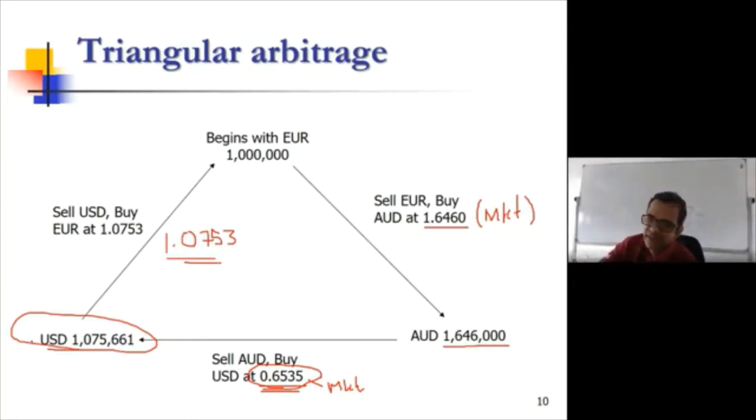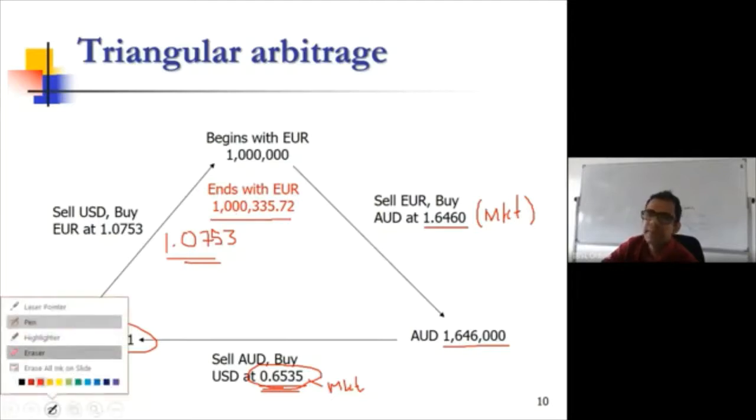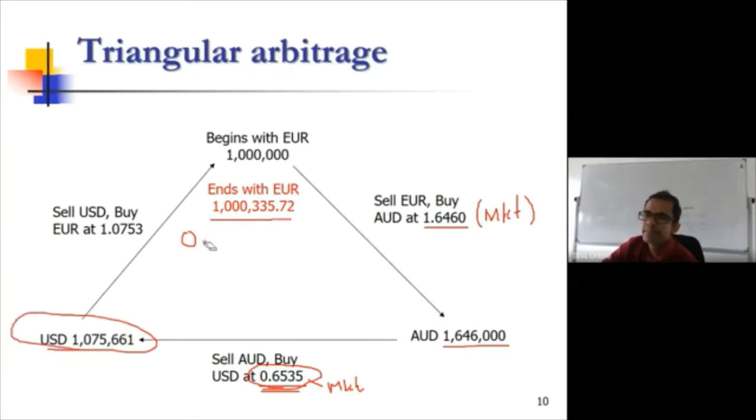Yes. Whatever this dollar amount is, divided by the rate, you get this much of euros. Correct? Is it clear? Or is this answer correct? Yeah, I'm getting the same thing. Yes.